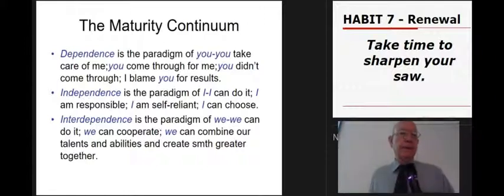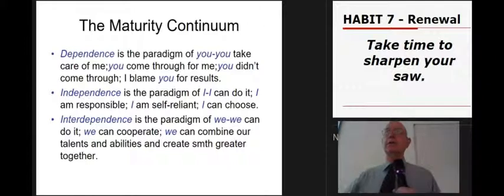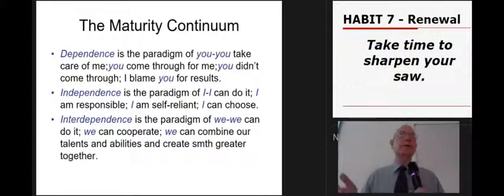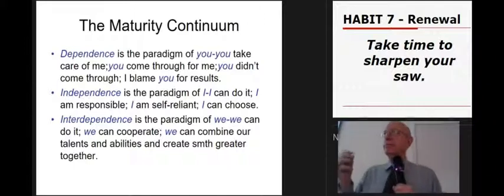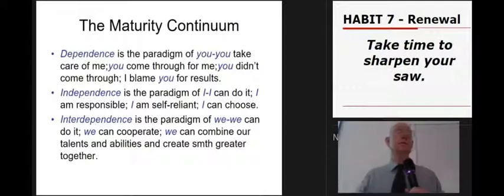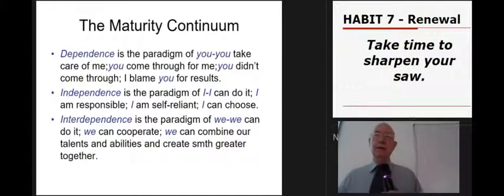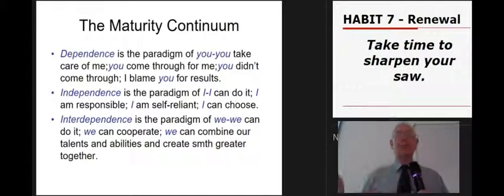Then the next three habits are all interdependent principles. We are achieving our interdependence maturity as we learn how to work with other people, as we accept the win-win principle, as we start being able to apply the habit of seeking first to understand, then to be understood, as we start achieving synergy with other people, where we can achieve more together than we can adding even our best ideas separately.